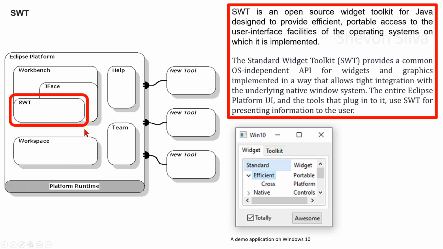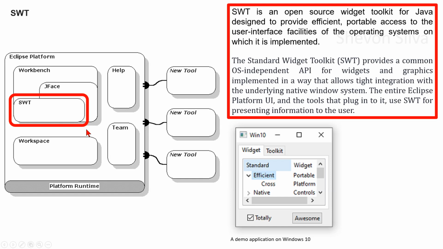As an SWT example, now we are focusing on SWT. SWT is an open source widget toolkit for Java designed to provide efficient, portable access to the user interface facilities of the operating systems on which it is implemented.